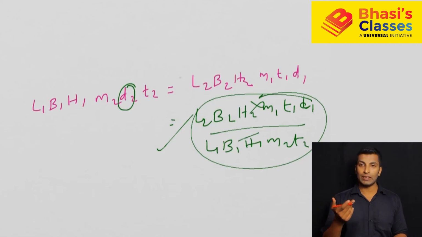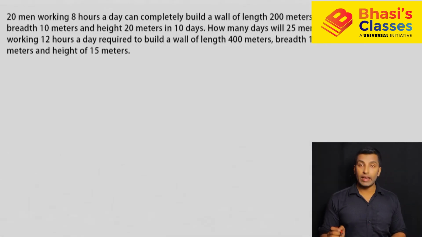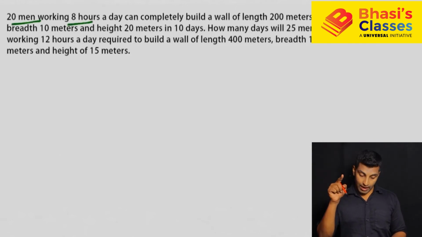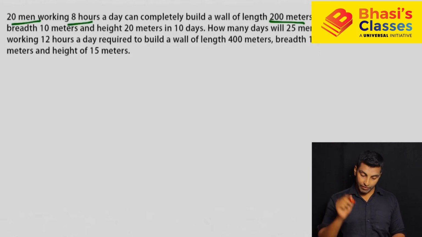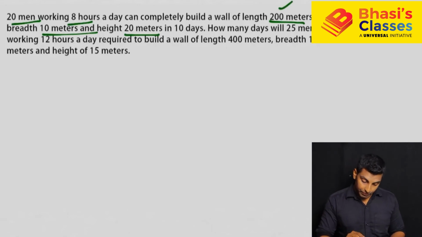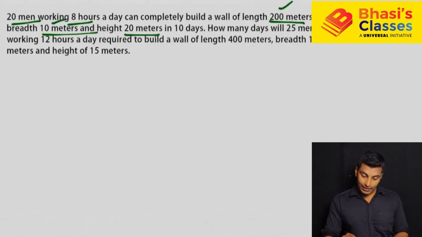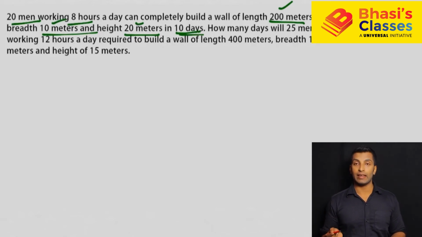That's it. If you want one example, see this question here. What is given? 20 men working 8 hours, so M1 and T1 are given. They can build a wall of 200 meters length, 10 meters breadth, and 20 meters height. So L, B, H are given. D1 is also given, 10 days.